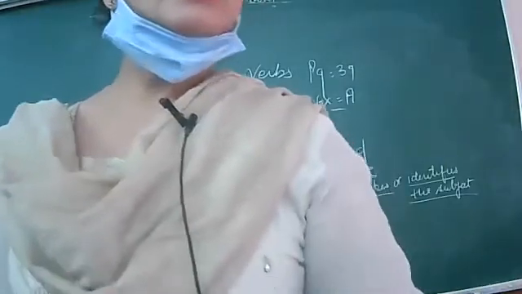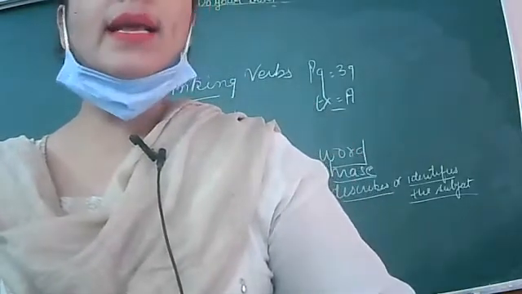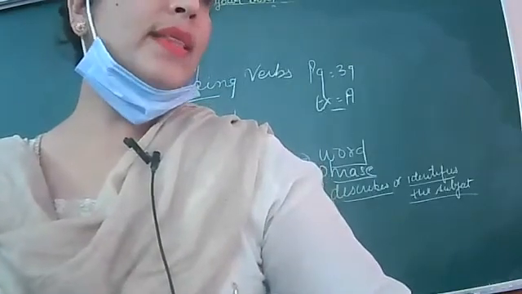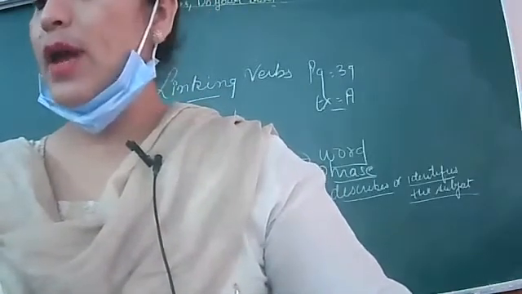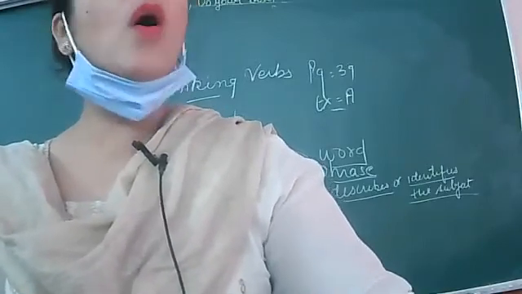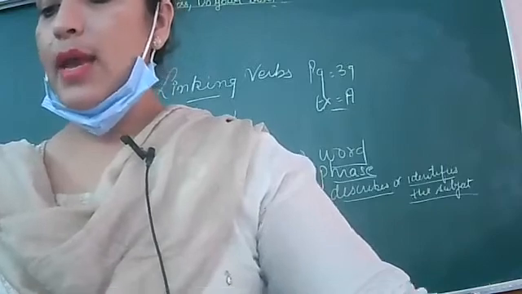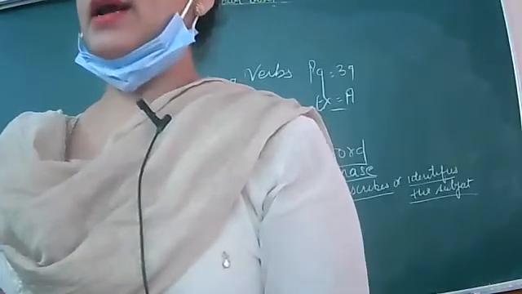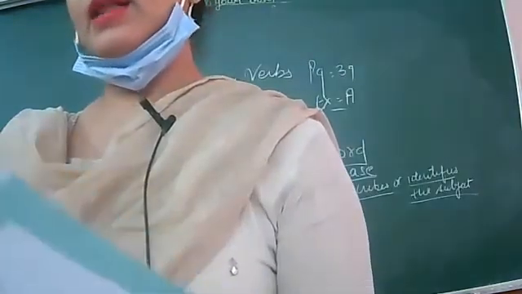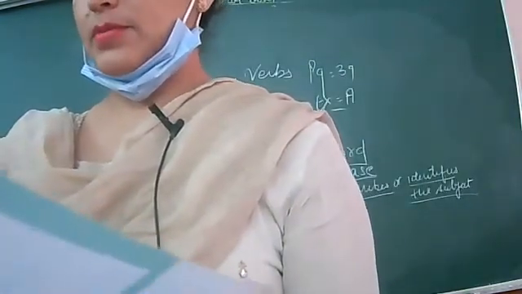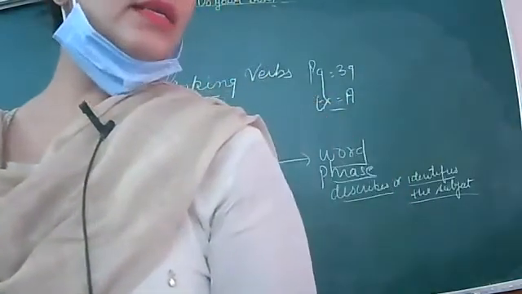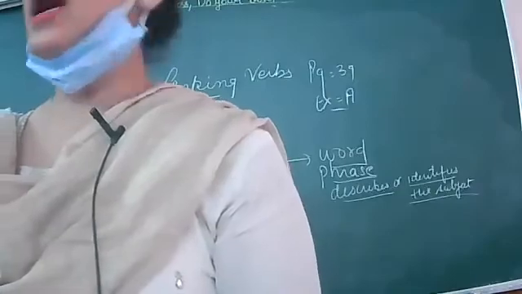Because these verbs are not telling about any action, they are telling only about the state of the subject. So they are not linking verbs. For example, Chirag is a doctor. He is a doctor. It is telling about its state. It is not making a connection.